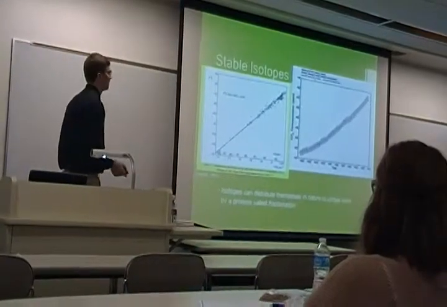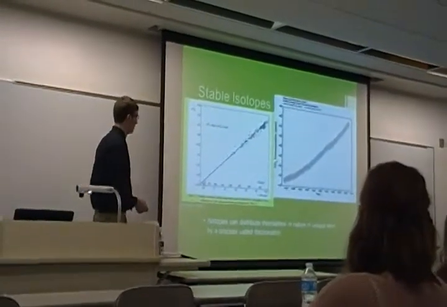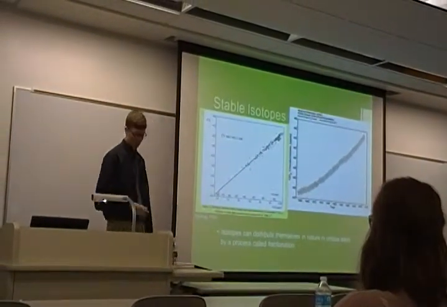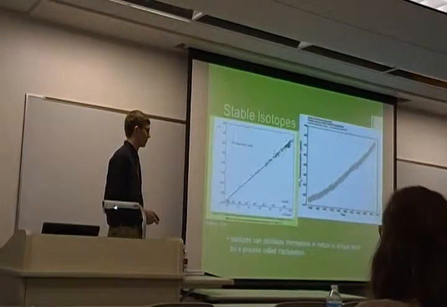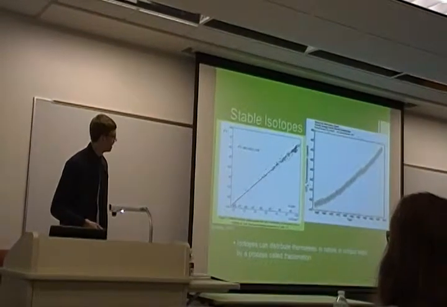This is just an example of how scientists use stable isotopes. Dr. Charles Keeling, he's the guy who's famous for measuring the concentration of CO2 in the atmosphere.